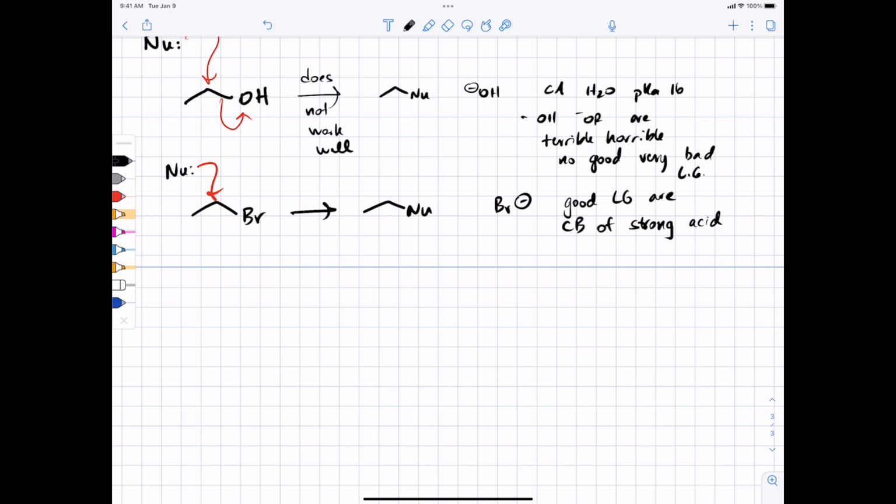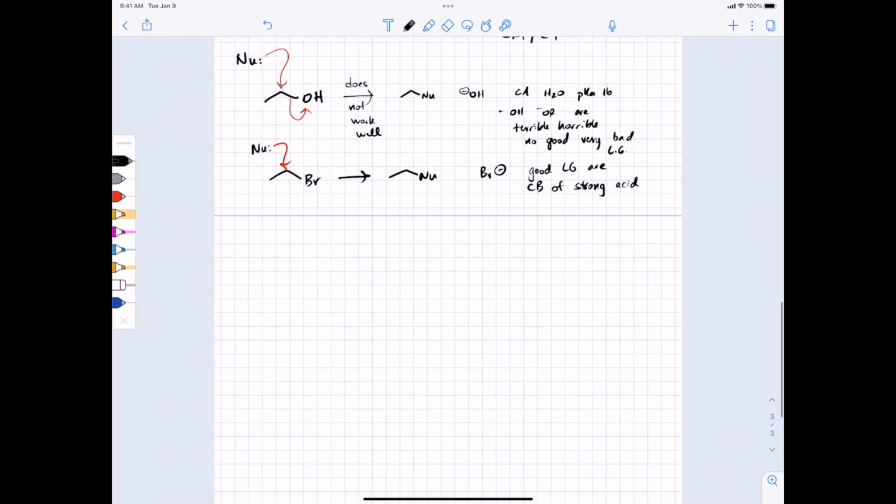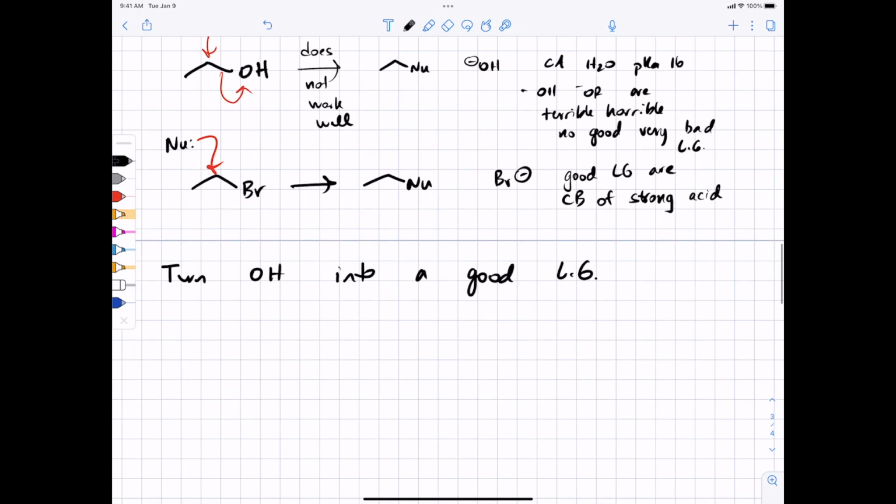Right. So our strategy in this chapter is we're going to need a couple of different ways to turn the OH into a good leaving group. One of these is easy to do but has some undesired consequences. Can you think of what we might do to this alcohol to turn it into a good leaving group?